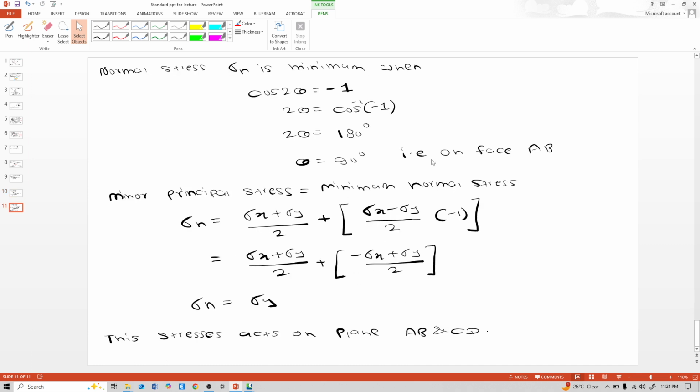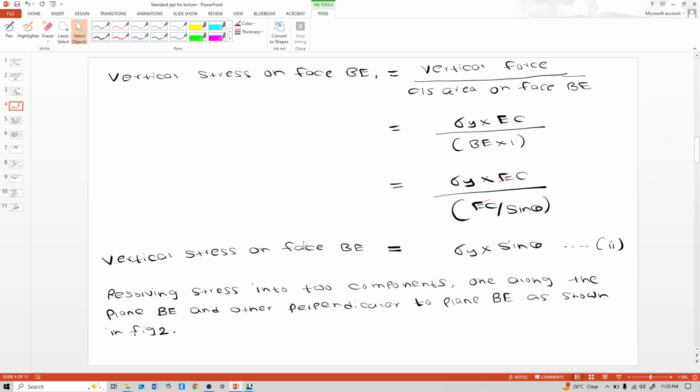And when theta is equal to 90 degree, on face AB the minor normal stress occurs, that means the minor principal plane, sigma n is equal to sigma y. The stresses act on planes AB and CD. So this way our derivation completes. Thank you very much.